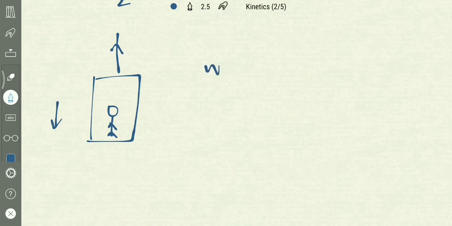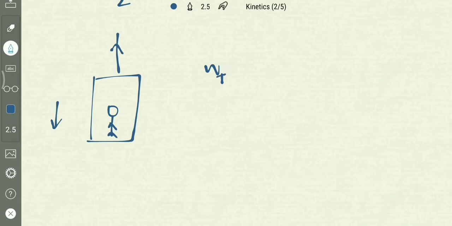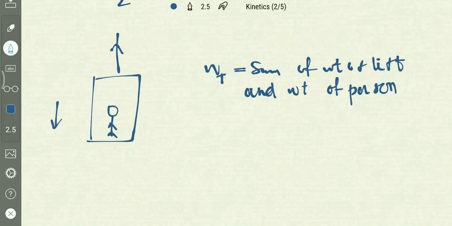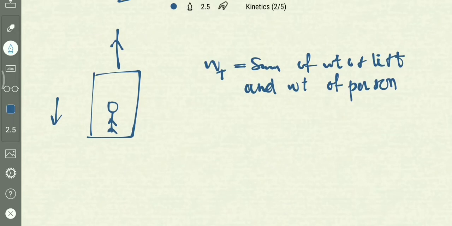Let us say Wt is equal to the sum of weight of lift and weight of person. So Wt is the weight of lift and weight of person. If it is moving downwards, the inertia force will be upwards, which will be Wt divided by g into a.